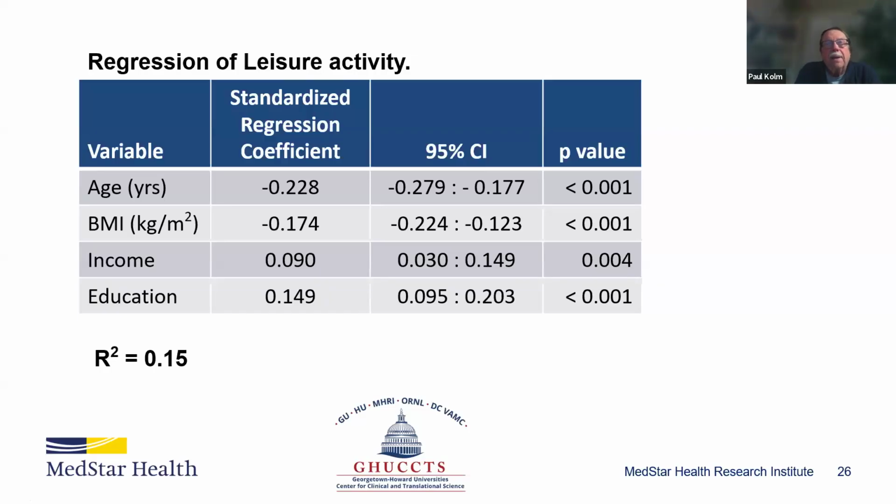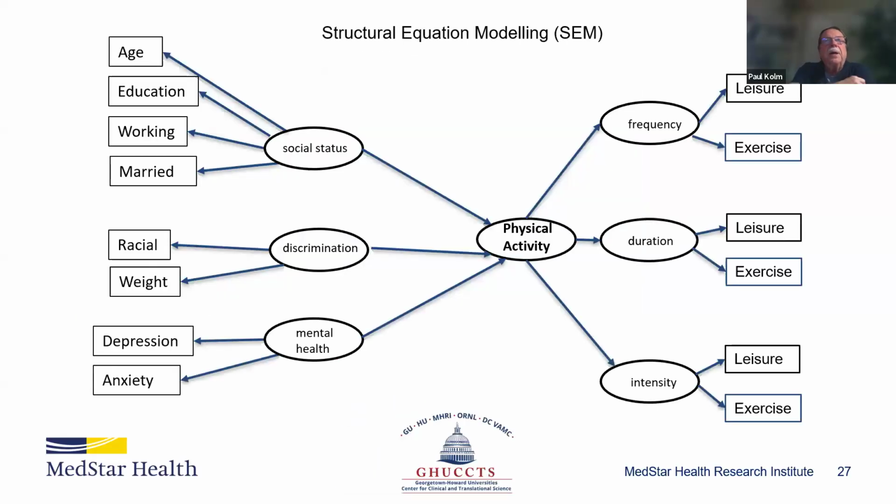So I hope that gives you an idea of what we're talking about with confirmatory factor analysis: determining how well our variables indicate a latent variable, and then we can do regression types of things with that. This is actually what we call structural equation modeling, and this is a really complicated one.